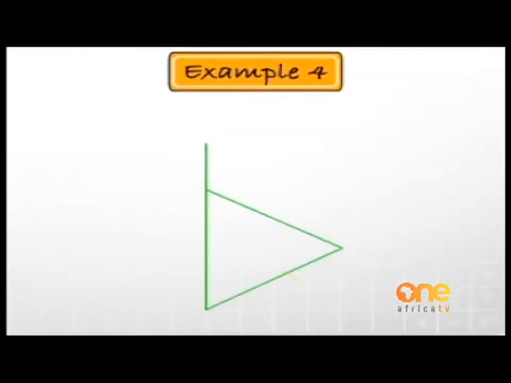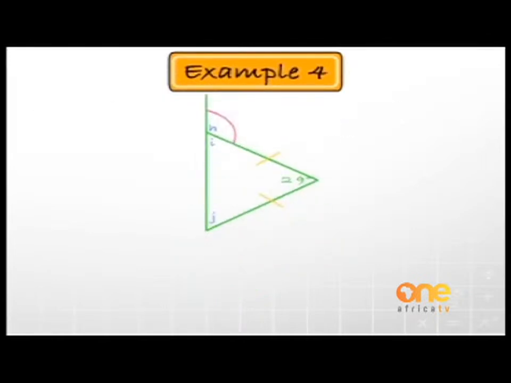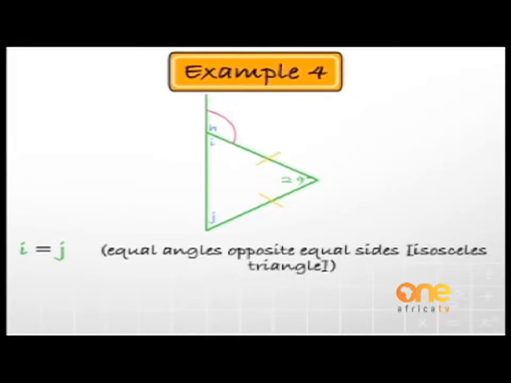We now look at our final example, example 4. Example 4 says, determine the value of h corresponding to the following diagram. Well, we know that I is equal to j. This is because we have equal angles opposite equal sides. In other words, the triangle that we are dealing with is an isosceles triangle. Therefore, 29 degrees plus I plus j is equal to 180 degrees because the sum of all angles in a triangle is 180 degrees.